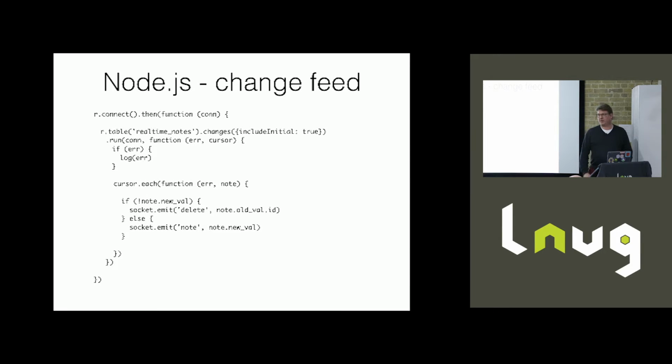And to do the same thing with the changes, I say I want to read the real-time notes table, and I want to get changes back, and then I get a cursor back from it. Each time there is a change, I then emit down my web socket the data that I want to send down.